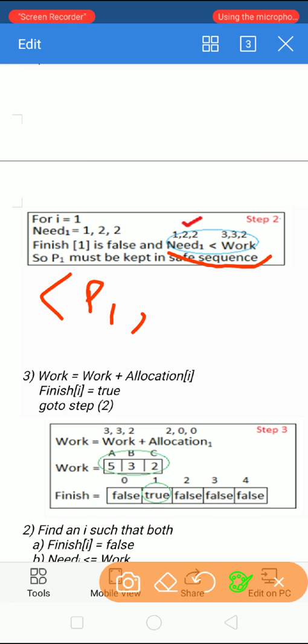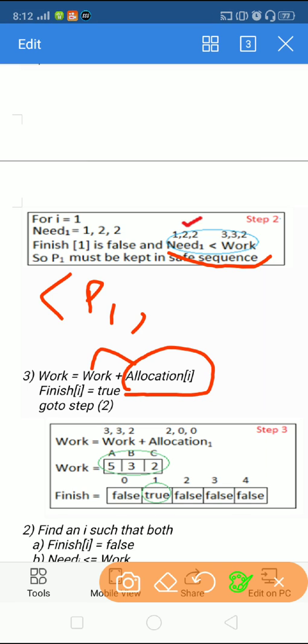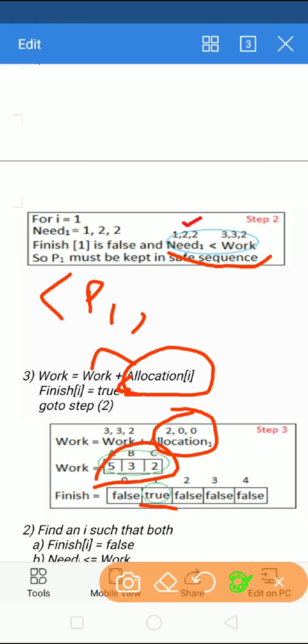Then whatever resources were allocated to P1 will be added to work, and we mark finish of process P1 as true. Because of that, P1 was actually holding 2 0 0, which is given back and added to 3 3 2, so the output will be 5 3 2, the new work matrix.